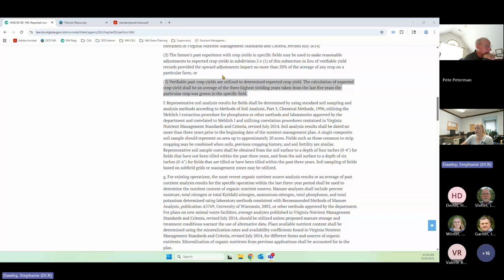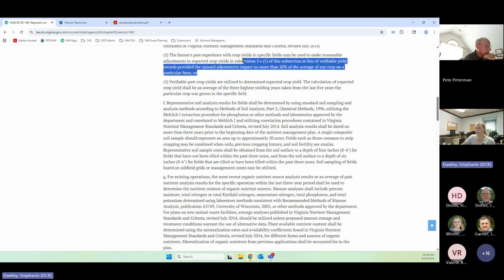You can also appeal in lieu of verifiable yields provided. If you don't want to wait that amount of time, you can potentially adjust the yield up 20% in a specific field. If, say, maybe they have a 5-year record, they've gone through maybe 2 or 3 rotations of it, so they don't have that highest 3 out of 5, but you're seeing the highest trend in general.